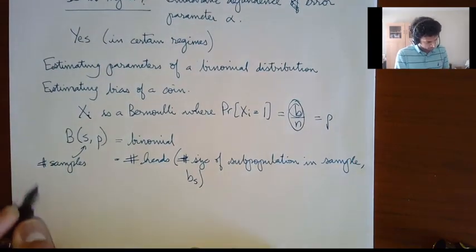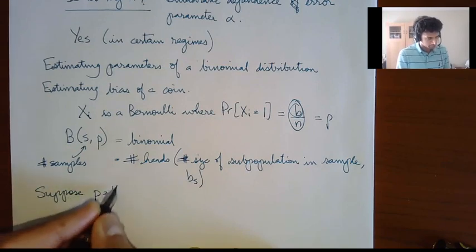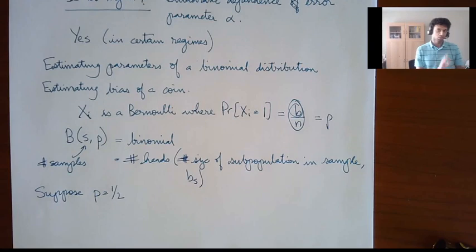Suppose P was equal to a half. So it's actually an unbiased coin. Or another way to think of it is half the people lie in your subpopulation. You would like to estimate this up to some error.